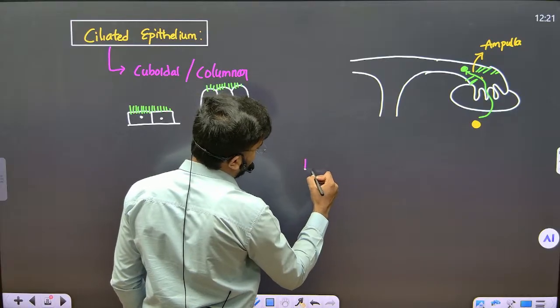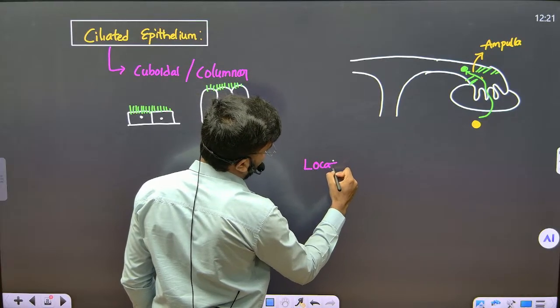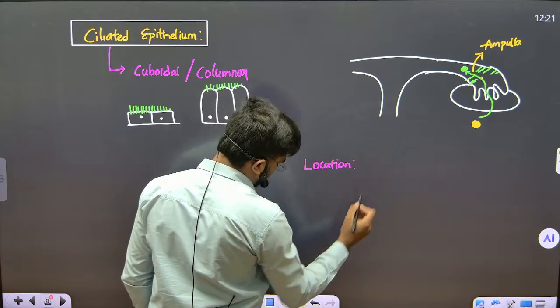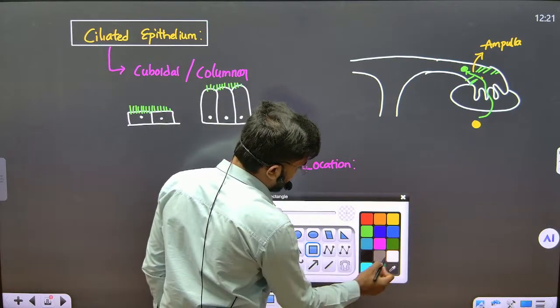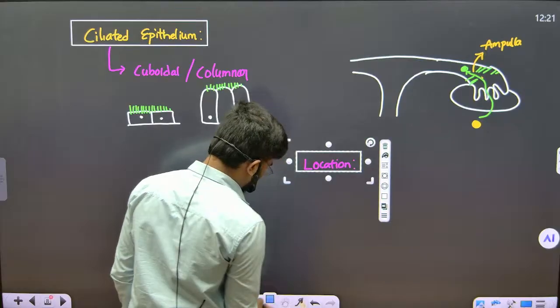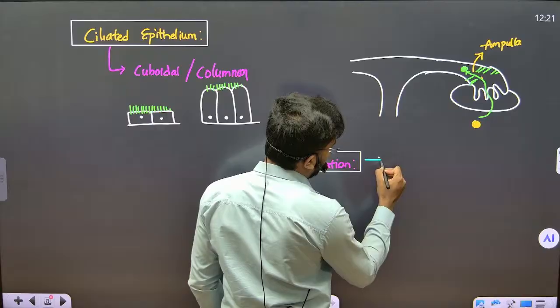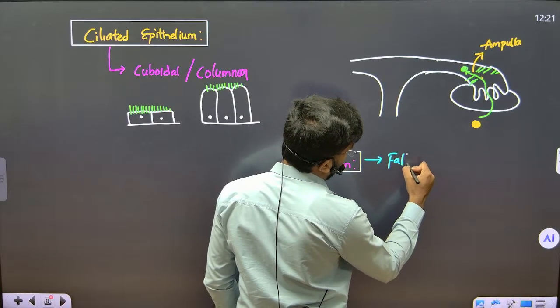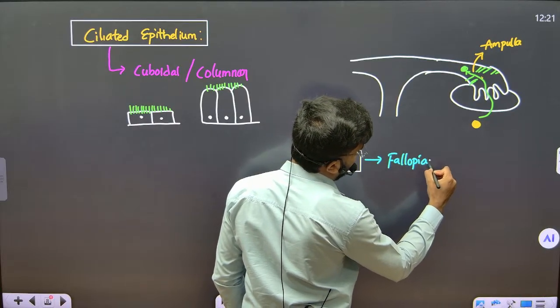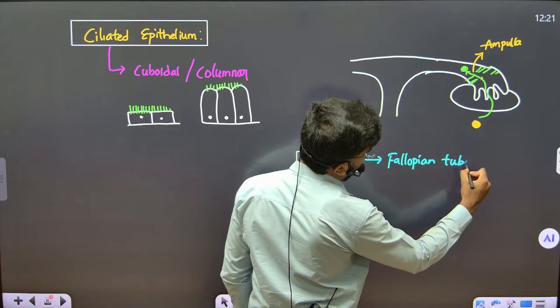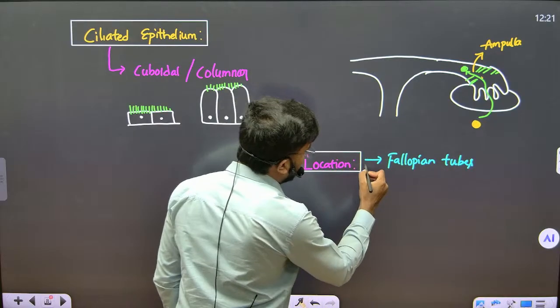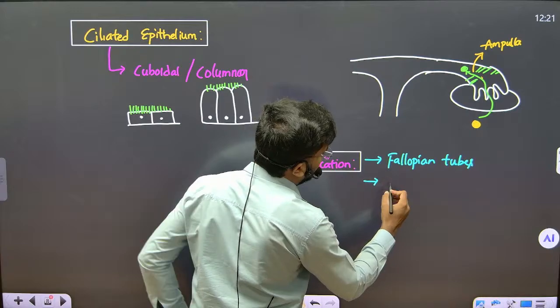Okay, location. The ciliated epithelium is present in the fallopian tubes, obviously. Where else is the ciliated epithelium present?